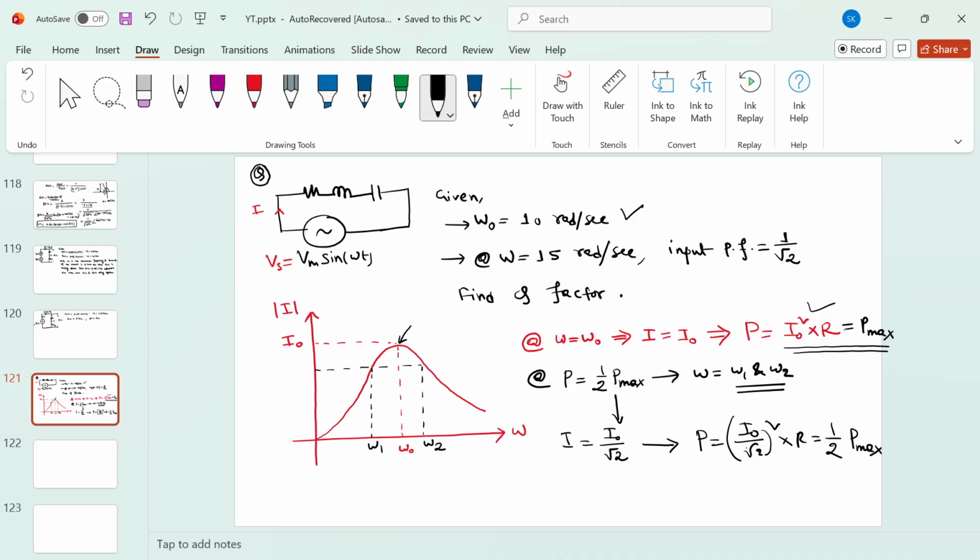The moment I get I naught by root 2 current, I get half of the maximum power. The bandwidth is defined as omega 2 minus omega 1, and omega 1 and omega 2 are also called the half power frequencies.